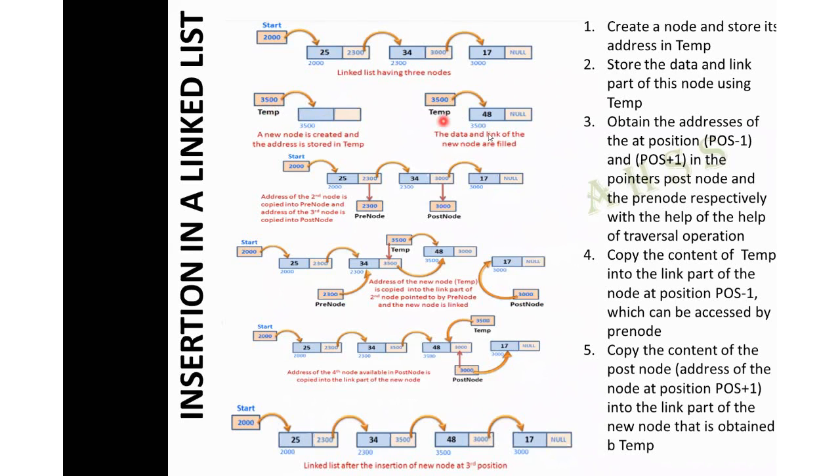Its address is 3500, so the address value 3500 is put in temp. And the data part is 48. Is this part clear now? The data, or the value, that we have given is 48.